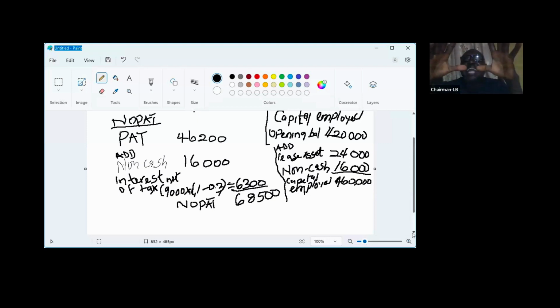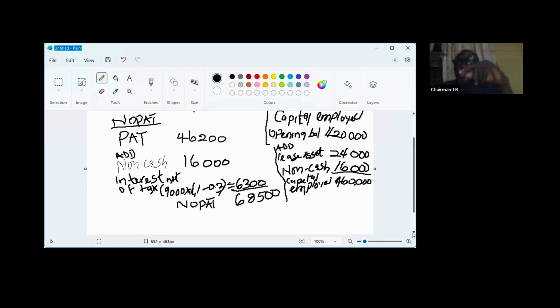Now, let me quickly add to it. When you look at some ICAN questions, in one solution, they didn't add non-cash expense to capital employed. In subsequent solutions, they were now adding it.